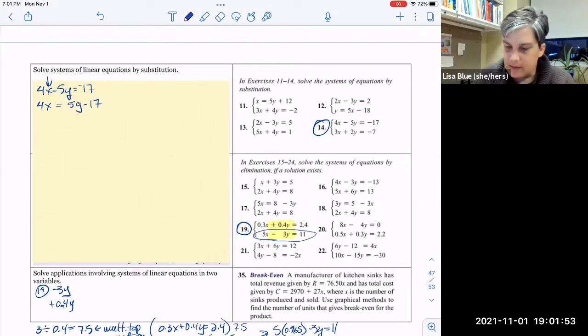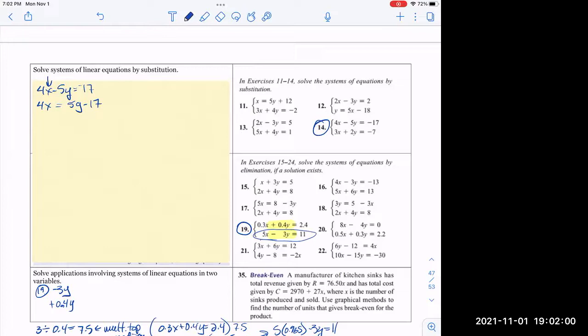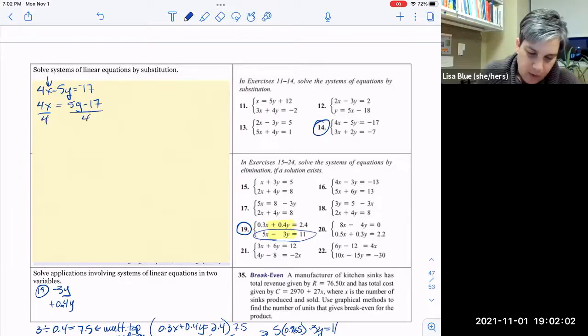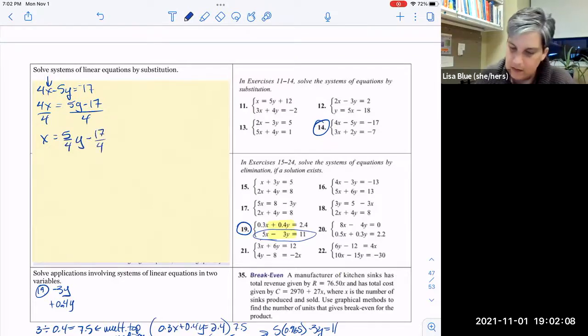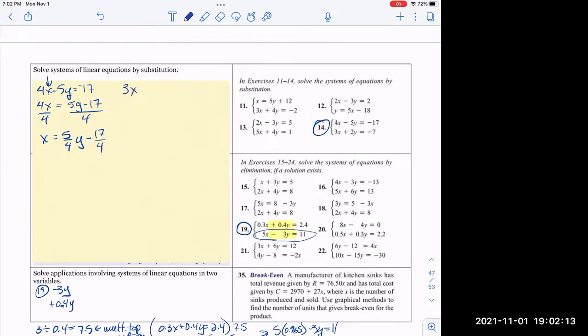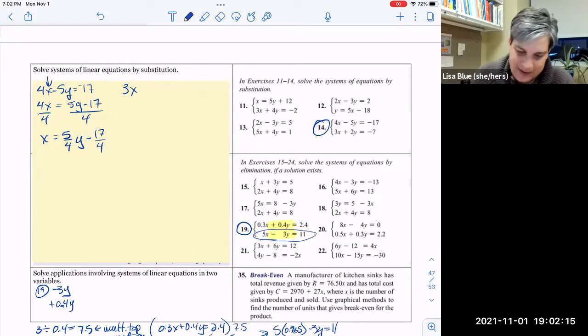And then we divide both sides by 4. So we get x is equal to 5/4 y minus 17/4. Yeah, that's gross. Good job.